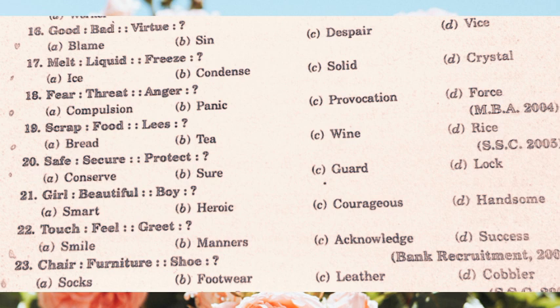And what makes anger is the answer for this. The options are compulsion, panic, provocation or force. You can easily delete compulsion and panic, because panic is a synonym for anger, not the scenario which is present. So the answer will be either force or provocation.